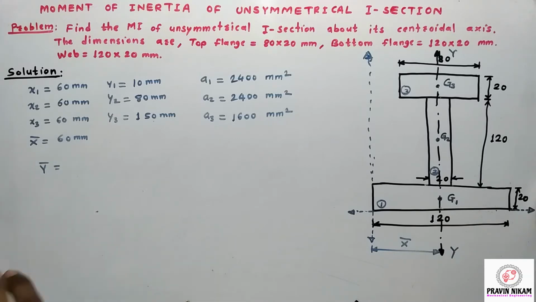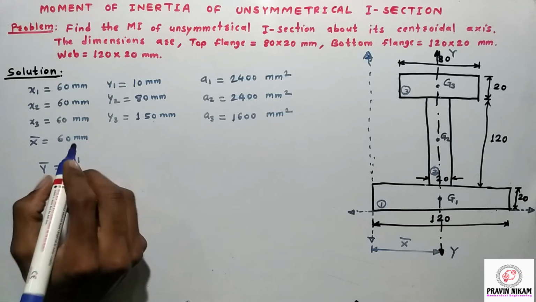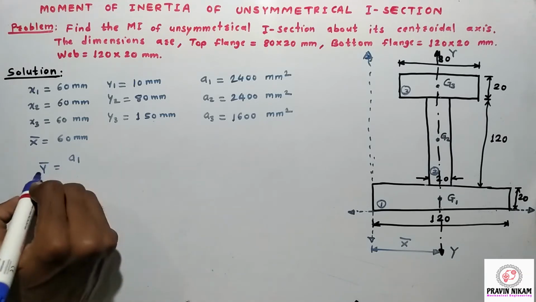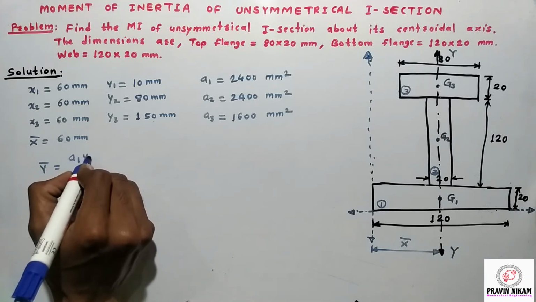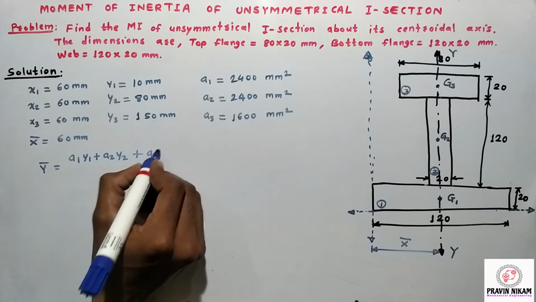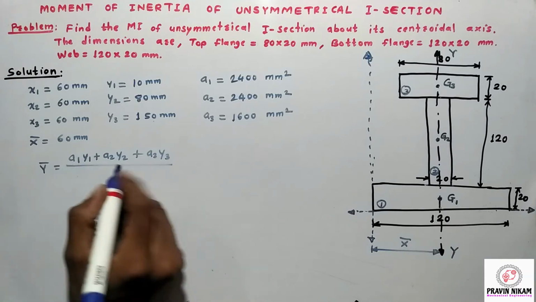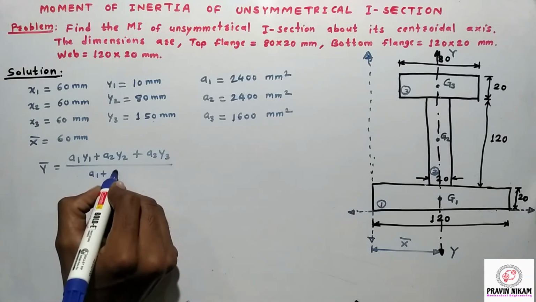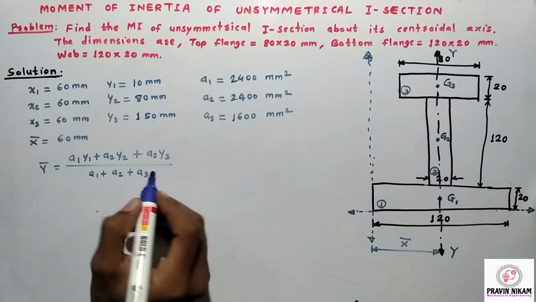X bar we know is 60 mm. Now find out y bar. So how to find y bar? The formula is there. Y bar is equal to A1 y1 plus A2 y2 plus A3 y3 divided by A1 plus A2 plus A3.